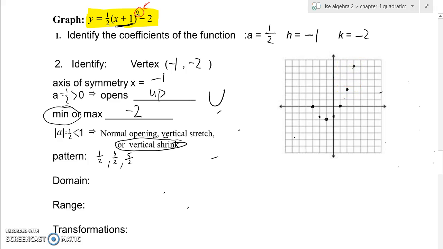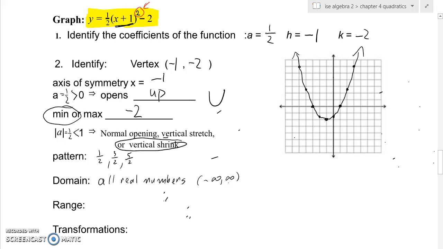All of those points are actually on our grid. We don't go off the grid till after that. So we get this nice arcing parabola. Our domain is all real numbers, negative infinity to infinity.